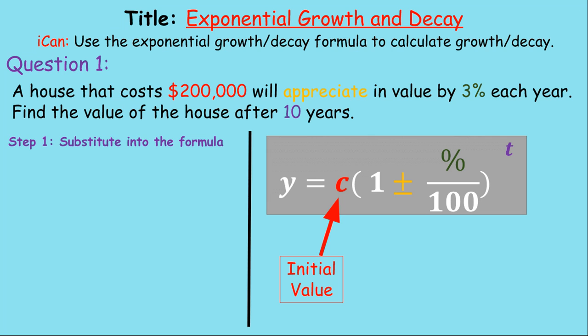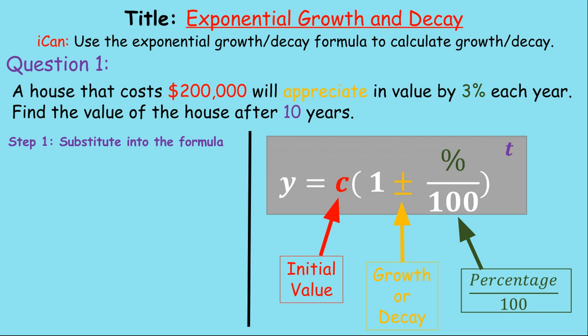These can change depending on if it's growth or decay, and we use the wording in the question to determine that. Next, I put percentage over 100. That's because we must always have a decimal value for our rate of change, and that value there is the rate of change. And then finally, we have the time period.